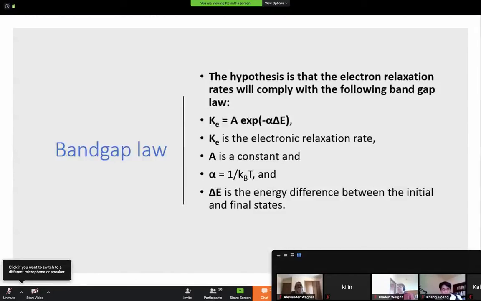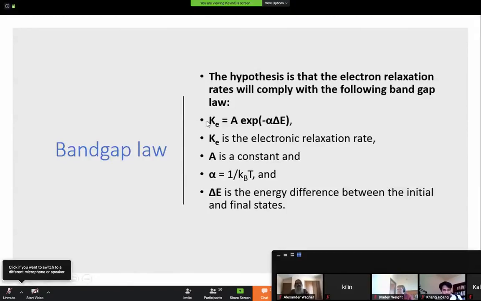Okay, and I just wanted to very quickly point out the band gap law. One of the primary goals of my research is to see how well my relaxation rates for my electron and my electron hole will follow this band gap law.